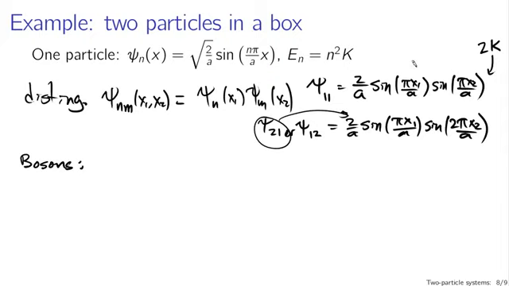The symmetric form of this, sine of pi x1, sine of pi x2, plus sine of pi x2, sine of pi x1, but since they're the same, that's all just going to end up adding up. So your ground state is essentially going to be unchanged from your distinguishable particle case. If your distinguishable particles are in the same quantum state, are they really all that distinguishable? So psi 1,1 is unchanged.